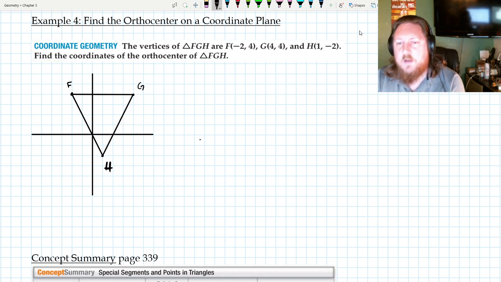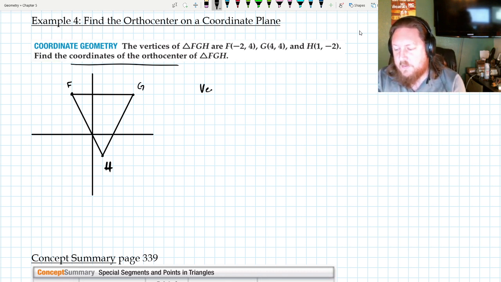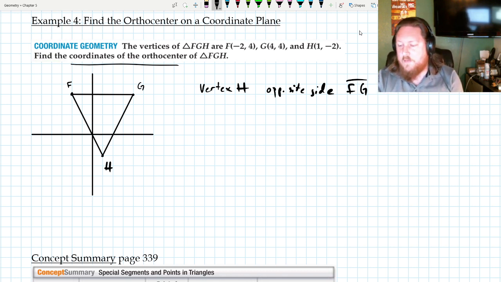So there is my triangle. Now, if I want to find the coordinates of the orthocenter, I have to find some altitudes. So I have to look for a vertex, the opposite side, and I have to find a perpendicular line, right?